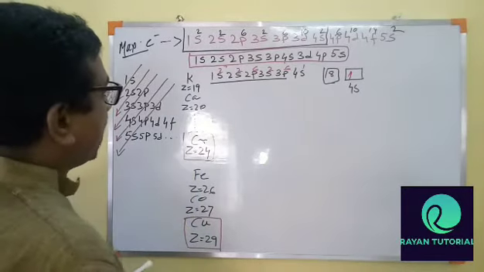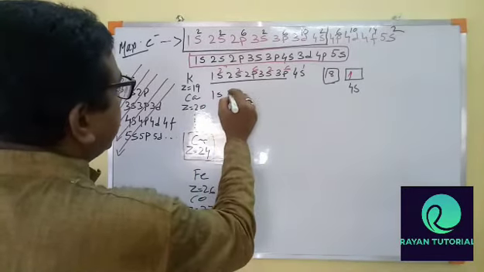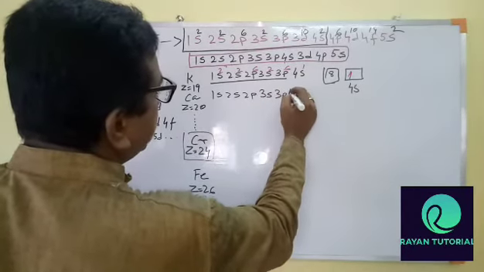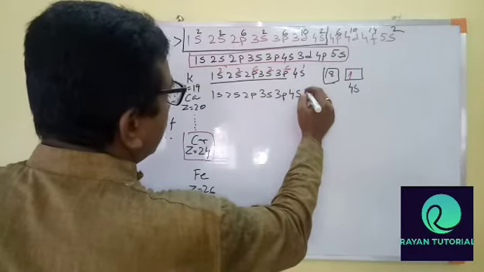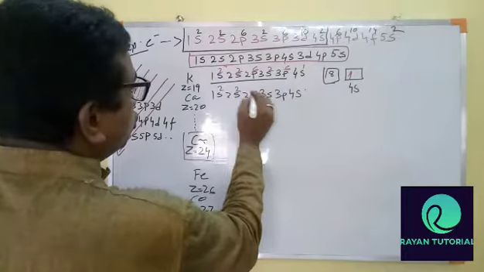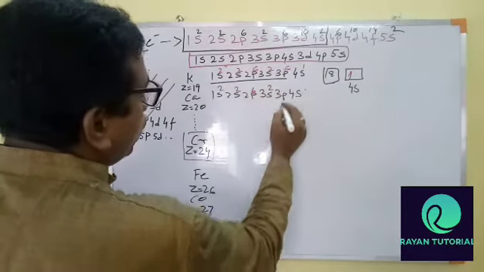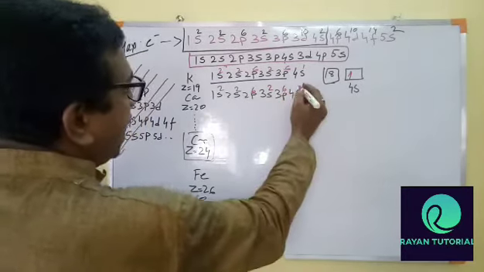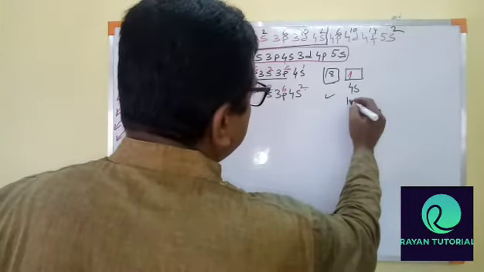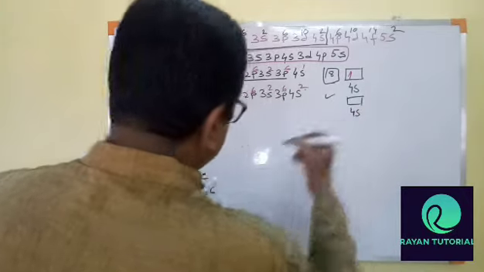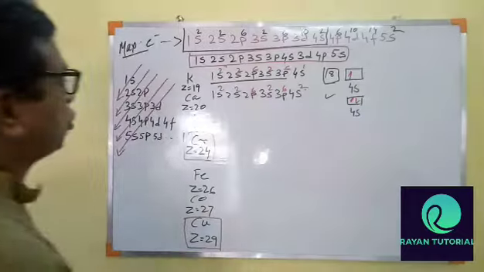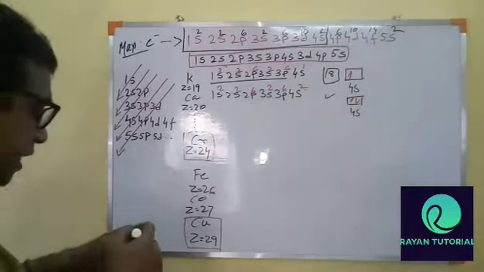Okay, next comes calcium. Calcium 1s, 2s, 2p, 3s, 3p, 4s. So 2, 2, 4, 6, 10, 12, 18 and 2. So up to 18 I know. So only my 4s subshell, there are 2 electrons, so I put 2 electrons. So that is done for calcium.